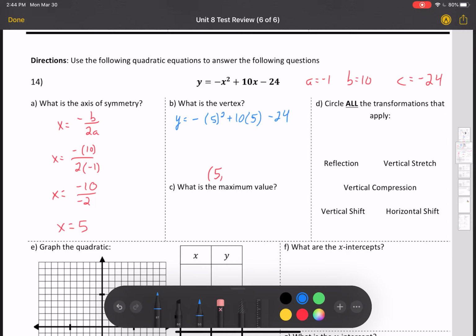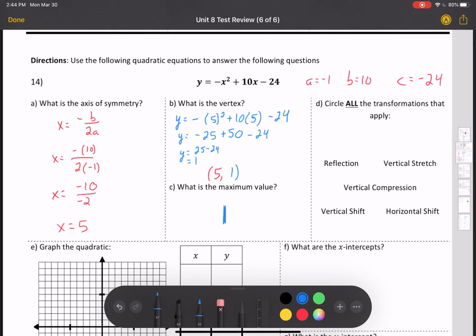Okay, so if I solve this then, 5 squared is 25 times a negative, so that's going to be -25, plus 50 minus 24. So y equals 25 minus 24, y is going to equal 1. So that is my vertex, 5, 1. And this is a maximum because the a value is negative. So the maximum value is going to be the y coordinate of the vertex.